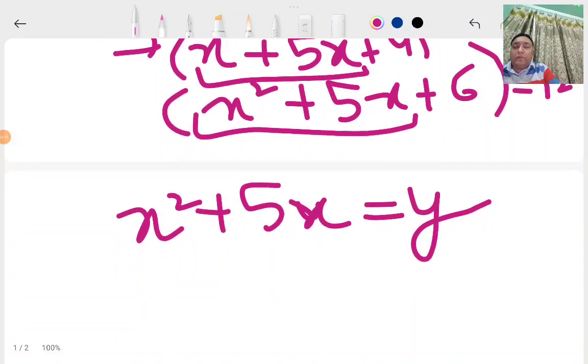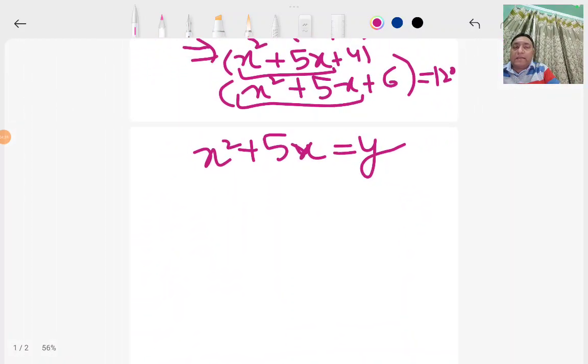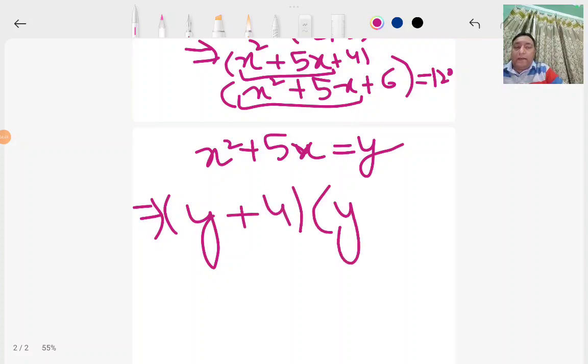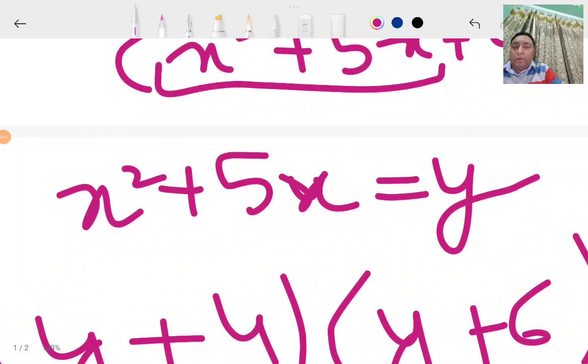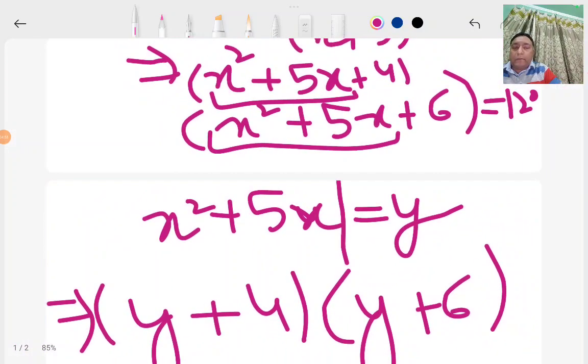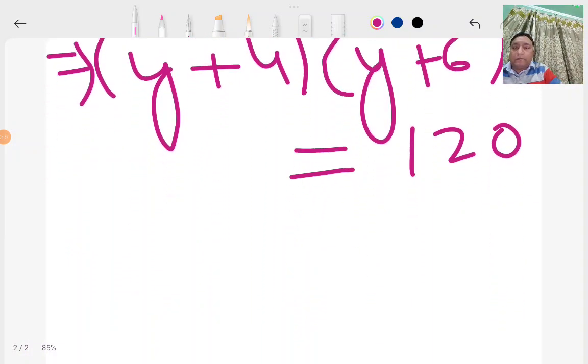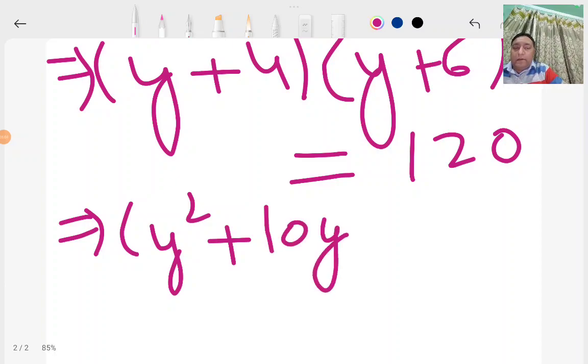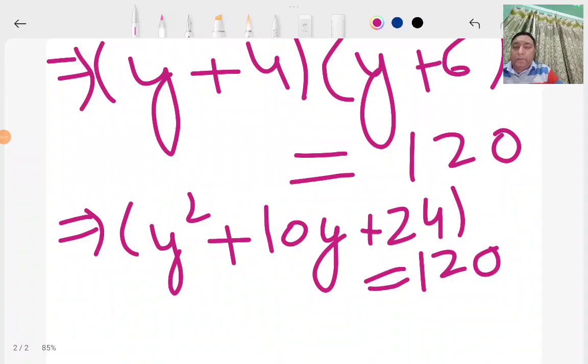Now see the things. This is y, this implies y plus 4 and y plus 6, both equals 120. This implies y square plus 10y plus 24 is equal to 120.